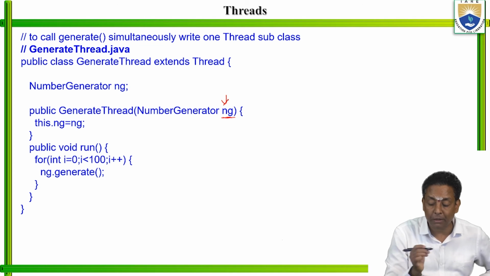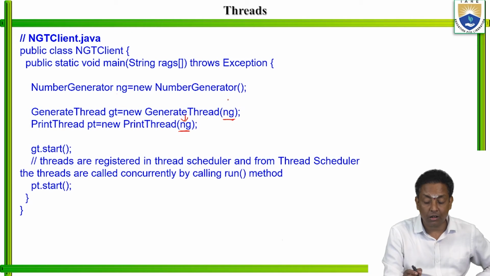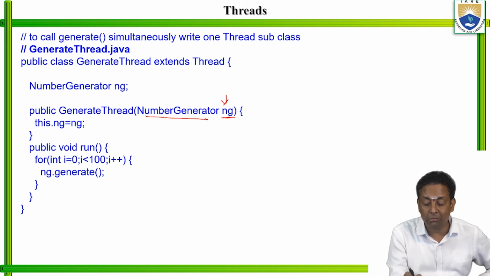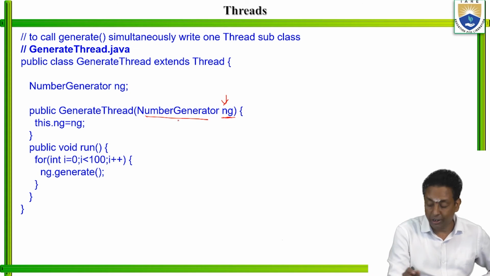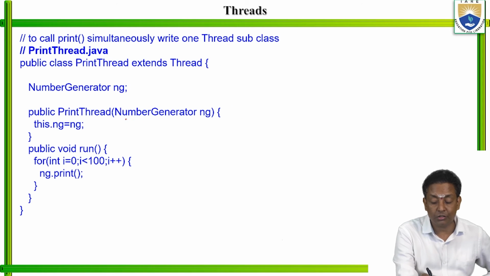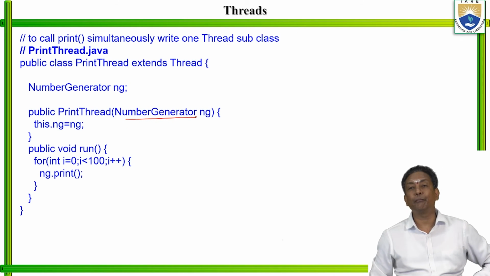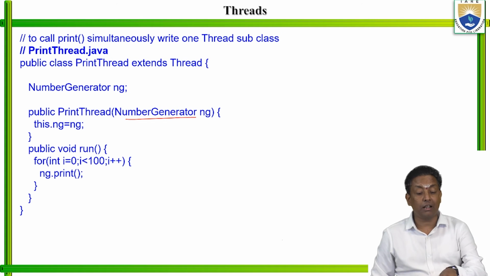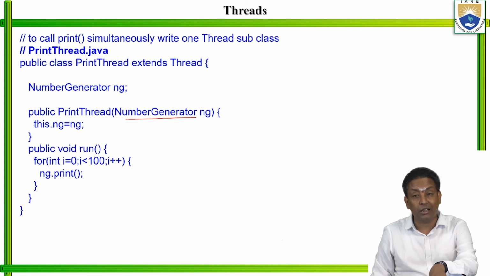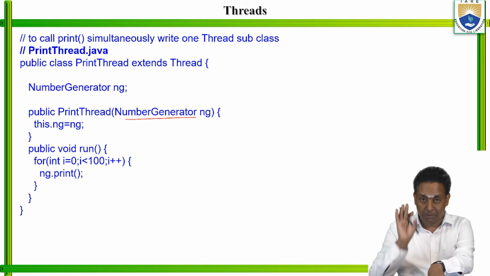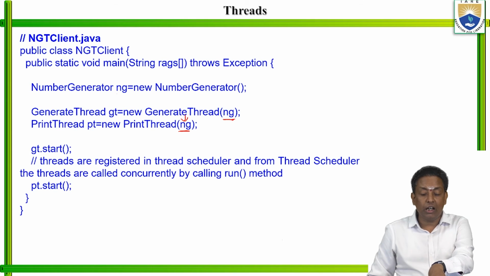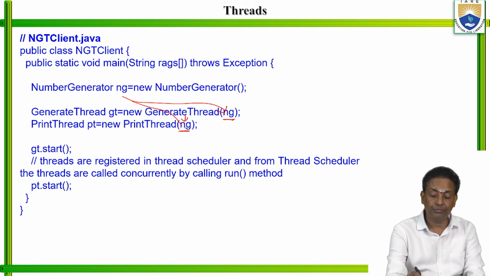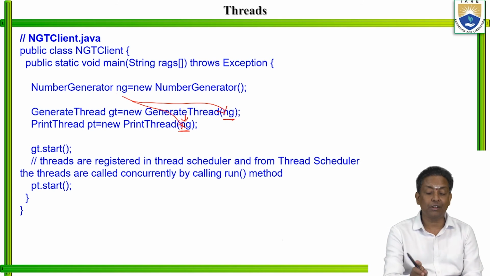If a NumberGenerator object is passed as an argument, both these class constructors must be written with the NumberGenerator class type as a parameter. Then only can we pass the NumberGenerator object into these two constructors. This is the advantage of pass by reference.